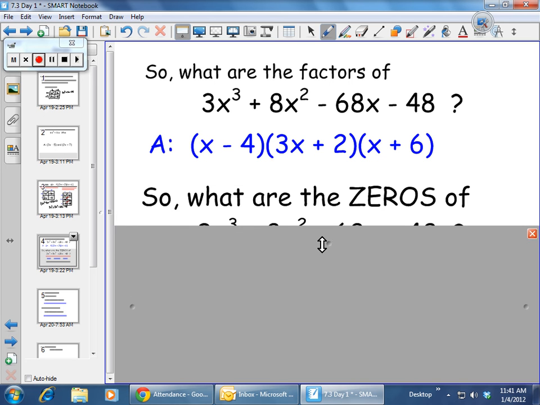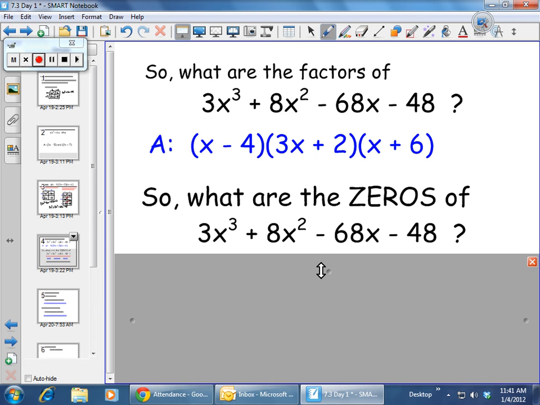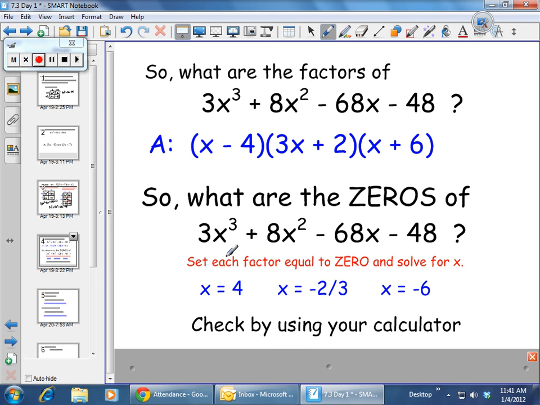The next question then is, what are the zeros of that? So if you remember from when we talked about quadratics, the zeros are where it crosses the x-axis. So where would this cross the x-axis? Well, we set each of these factors equal to 0, and then we solve and get our answers for x.